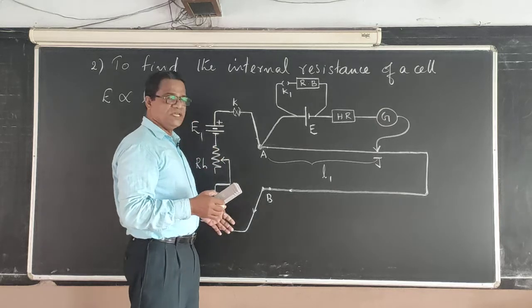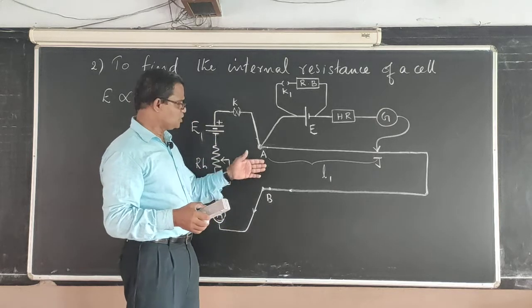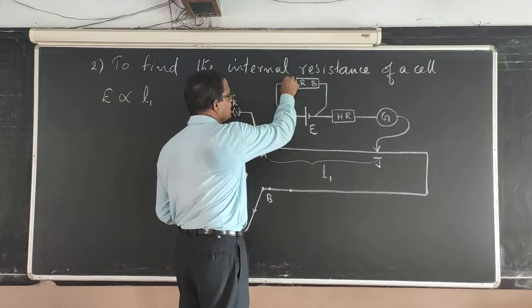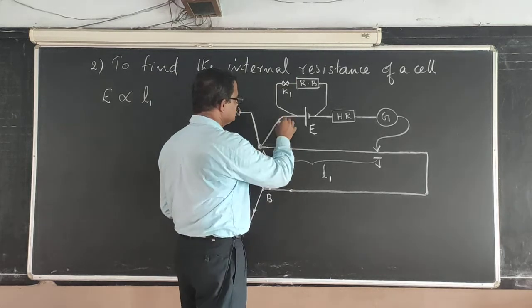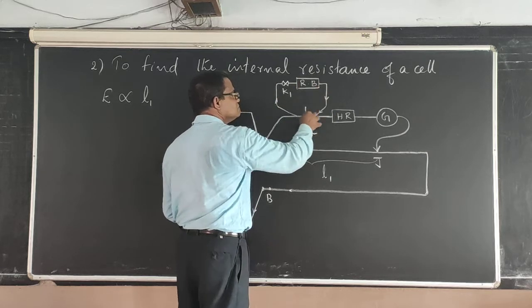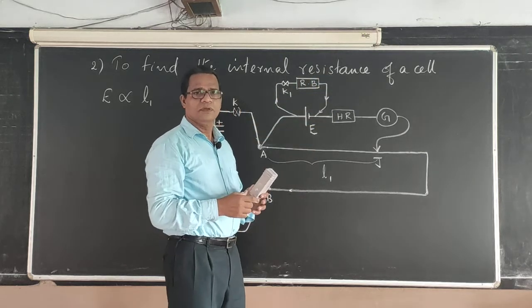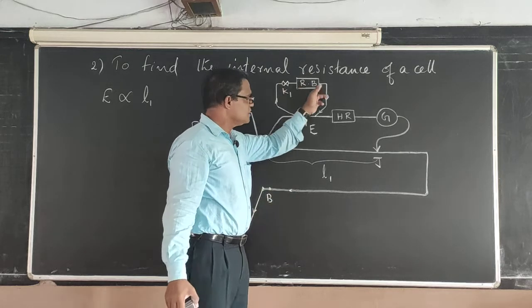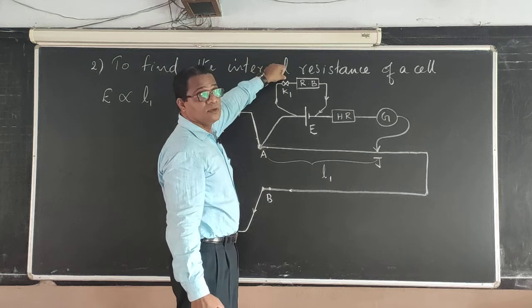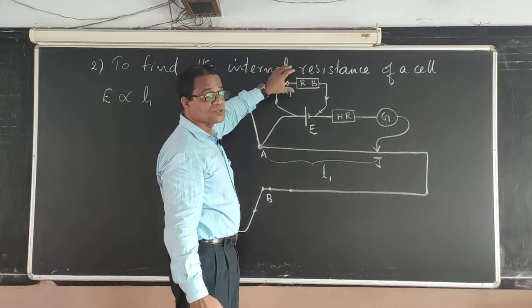Now, without changing the current through the potentiometer wire, I introduce key K1 here. Now you can see that there is a definite amount of current flowing through this part. And this current will be continuously flowing through this part when this key K1 is closed.